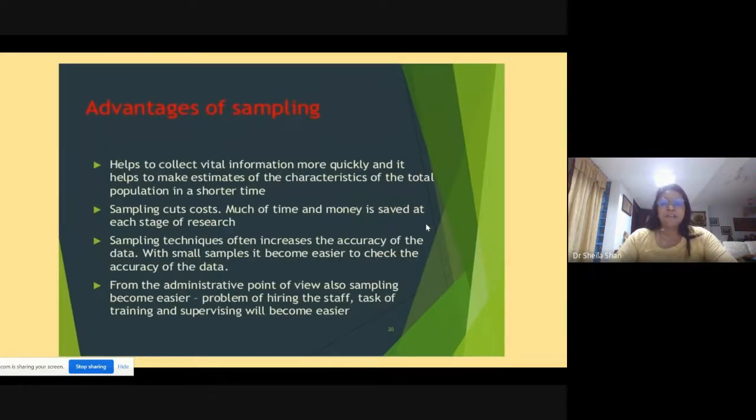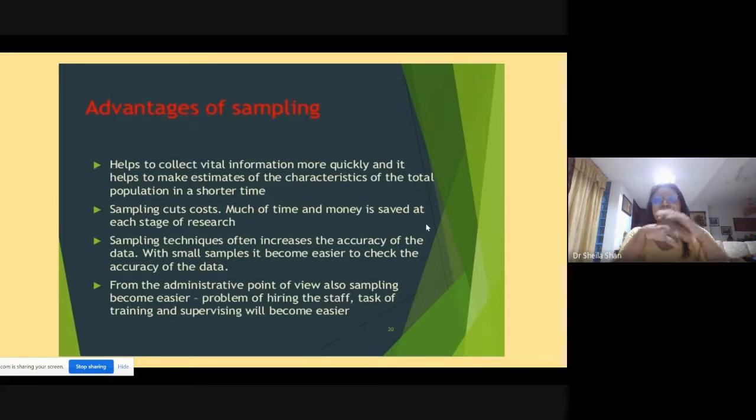What is the advantage of sampling? It helps to collect important information quickly, and you can estimate the characteristics of the total population in a shorter time. Sampling also cuts cost, time, and money, because you're not studying the entire population. It can also make things more accurate, because when you have a lot of data, you tend to make mistakes when you key in the data. With smaller data it's easier to check, but not necessarily all the time.